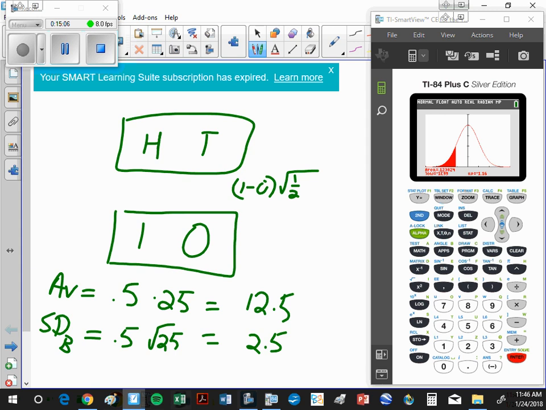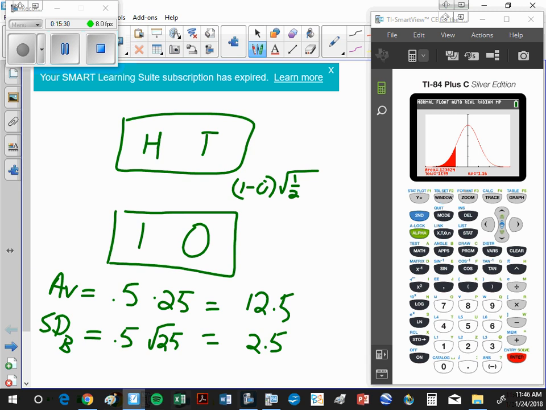So it says 12 heads and 13 tails. Do I really need all that? No, because if you get 12 heads, then you have to get 13 tails. So we really just need to count up the number of heads or count up the number of tails, but we have built our box to count heads.